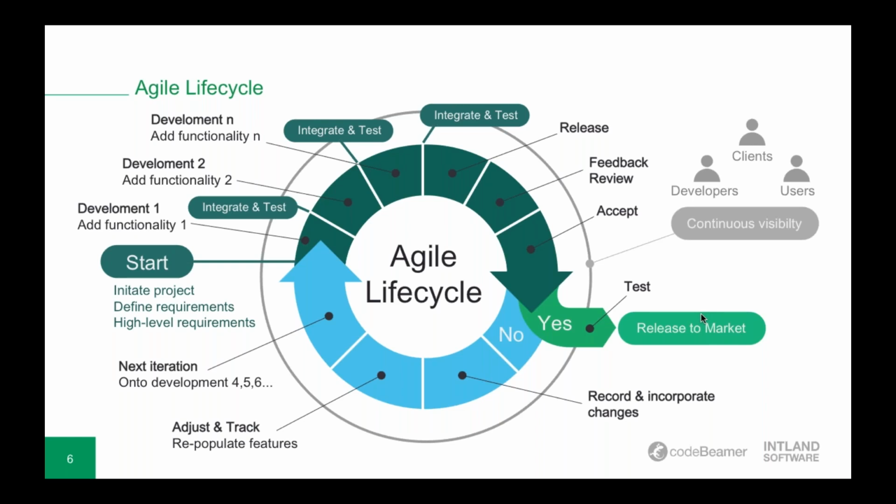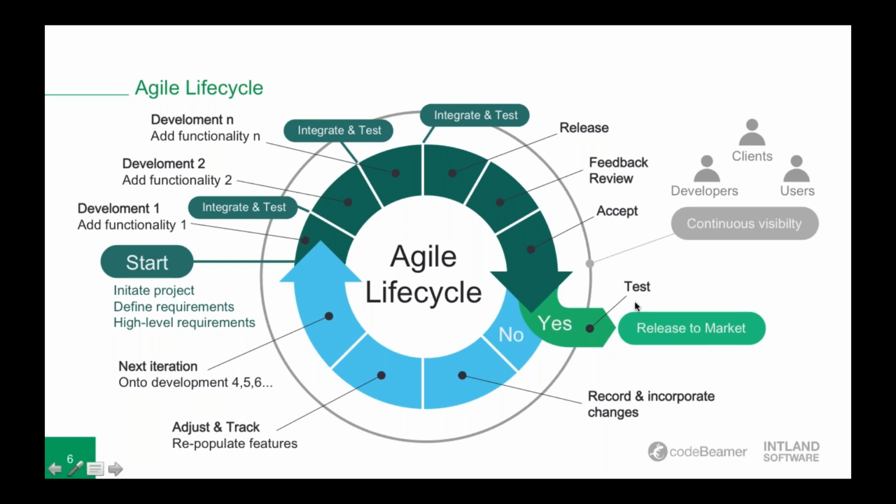It's an Agile lifecycle. So here at the start, that's the initiation of the project where you define your high-level requirements, and then you start the development of your first functionality, then integrate and test. That's iteration 1. Then you develop functionality 2, integrate and test, functionality 3, and so on until you have a release, usually of these sprints.